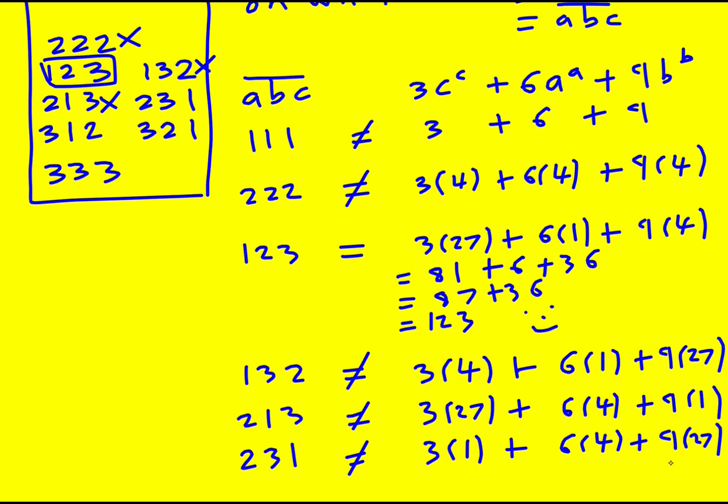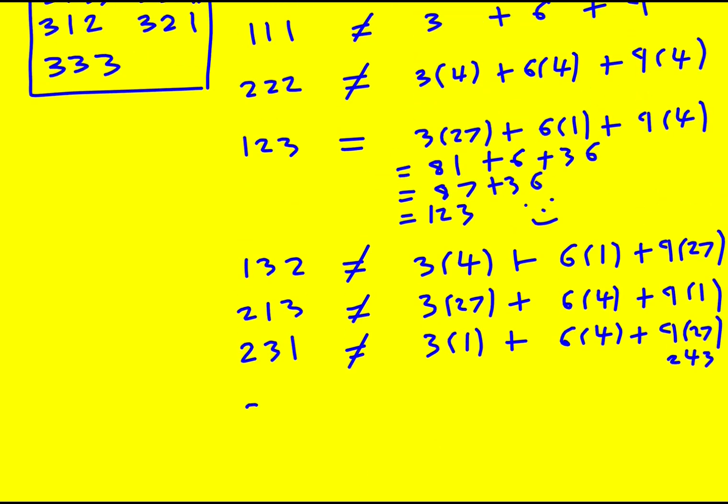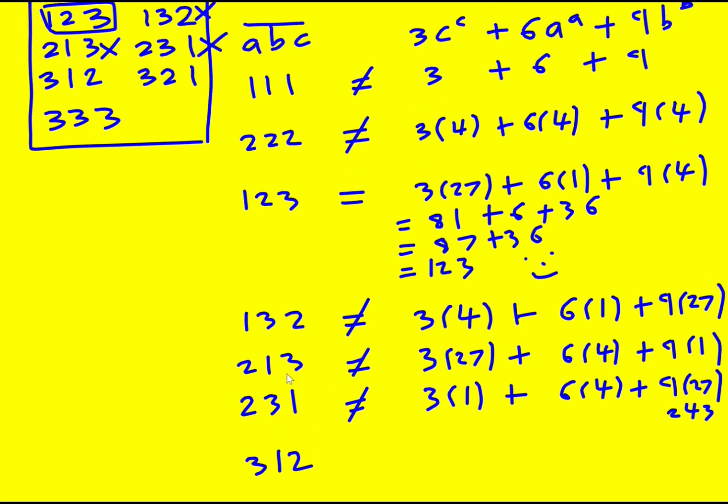That one becomes 243, so that's not equal. So I'd already written it. 312. I just put a cross by 312 when I did it. I'm trying to realize why. Yeah, there's no way.